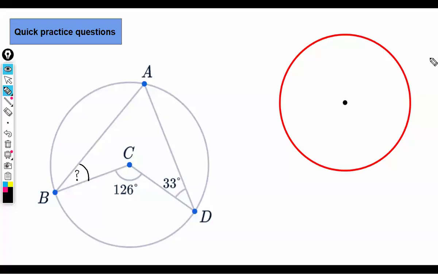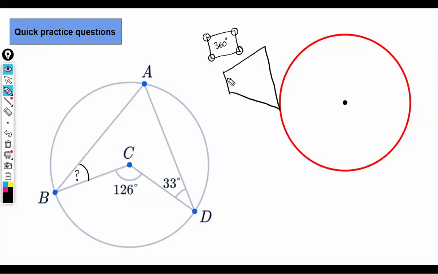I'll give you a hint. A square. If you add up all the angles in a square, remember a square has how many angles? 4 angles, right? And when you add up all the angles in a square, you just get 360 degrees. What about a quadrilateral?